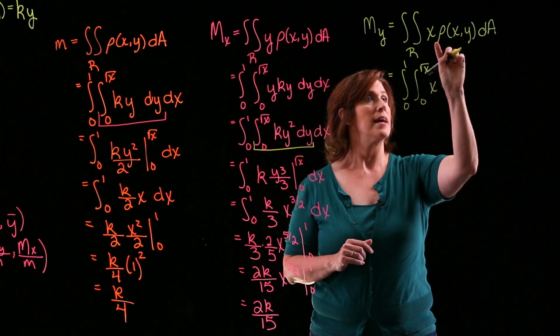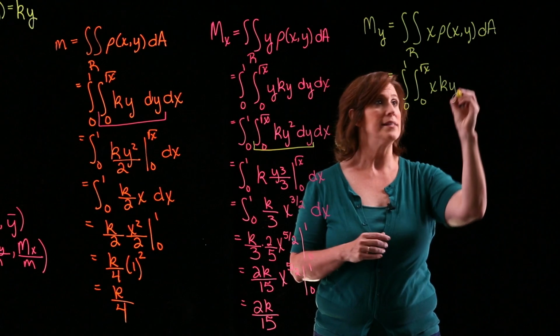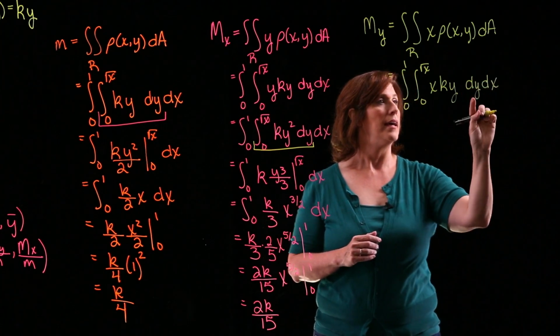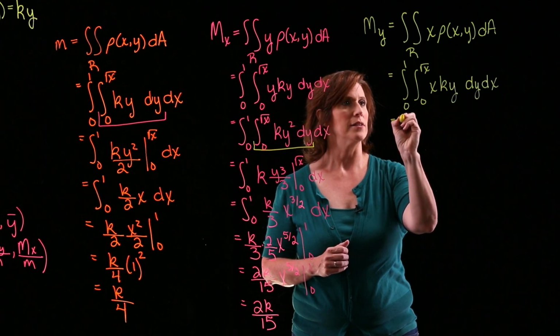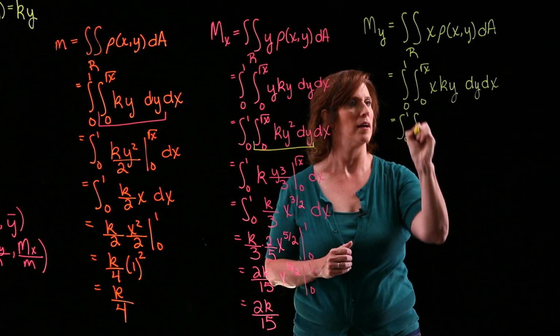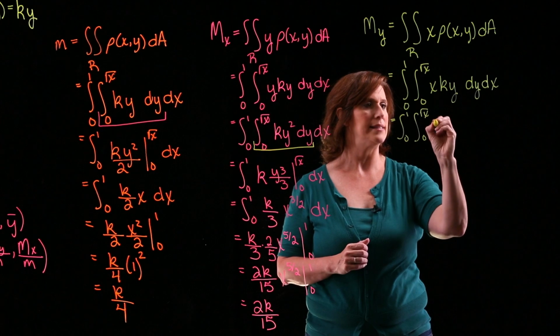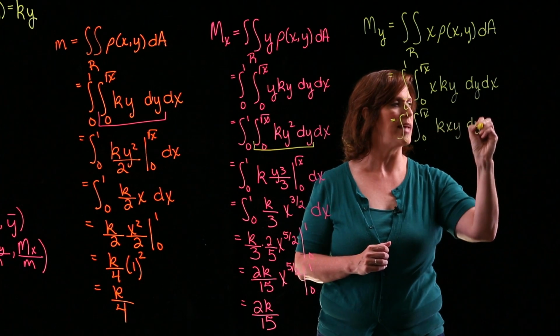I have x, my density function is ky, and as always, I've decided to integrate with respect to y first for this problem. So a little simplifying, I can write this as k xy dy dx.